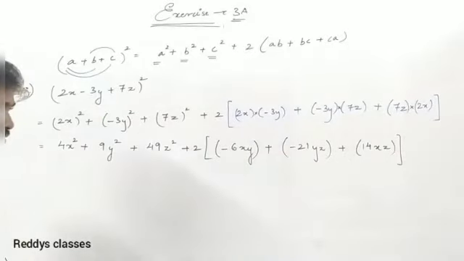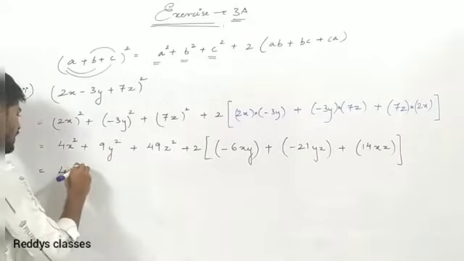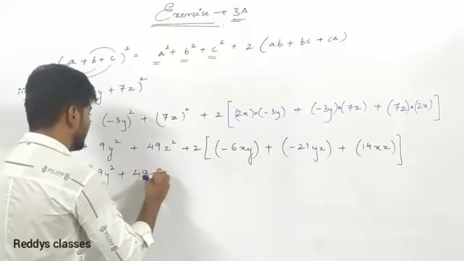You can write whatever you want, xz or zx, it's the same term. Okay, 4x square plus 9y square plus 49z square.